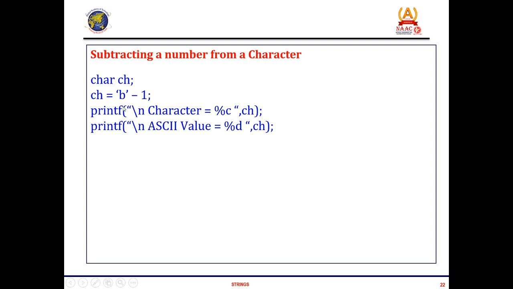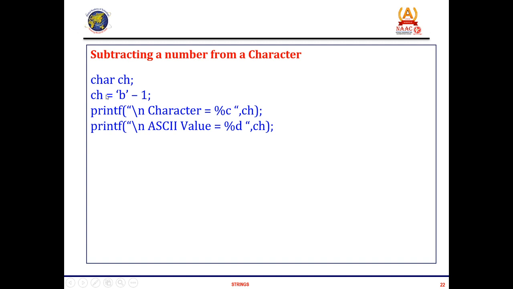You all know the ASCII value of lowercase b is 98. So 98 minus 1 becomes 97, and this 97 is assigned to the variable ch, right? This printf will print the character of it, and this printf will print the ASCII value of it.